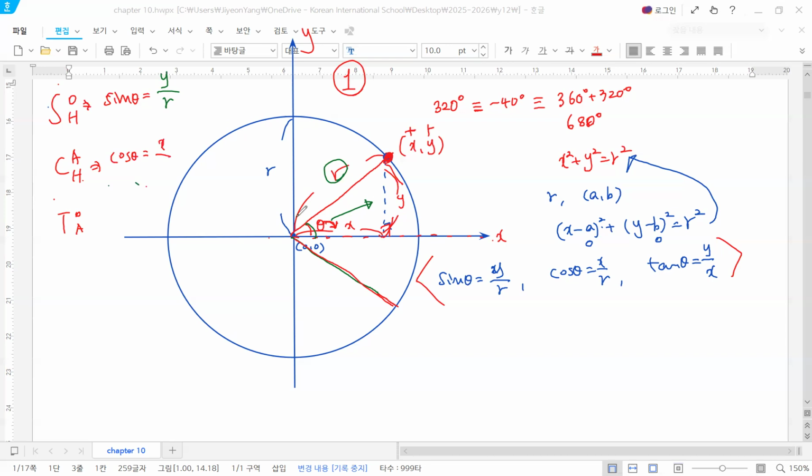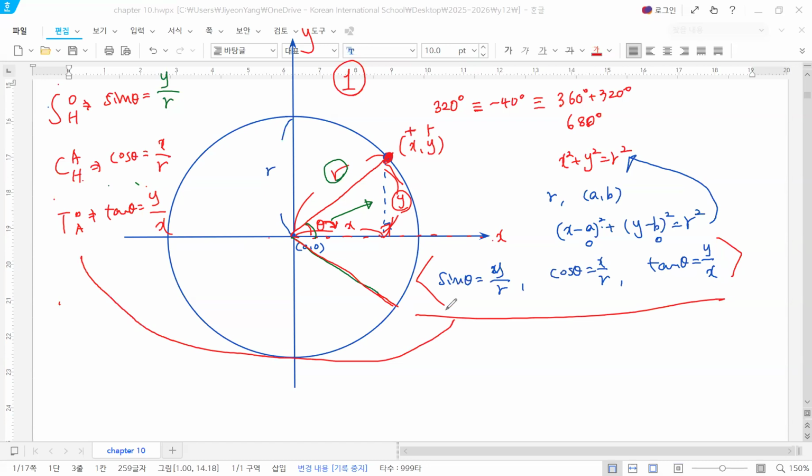Therefore, x over the length of the hypotenuse, r. And TOA, opposite, which is y, over adjacent, x. Therefore, if we define trigonometry by using this circle, it actually observes the original definition you've learned from IGCSE, right?